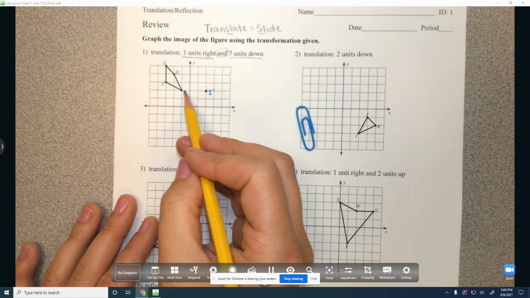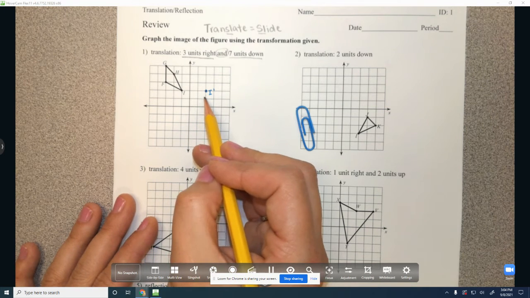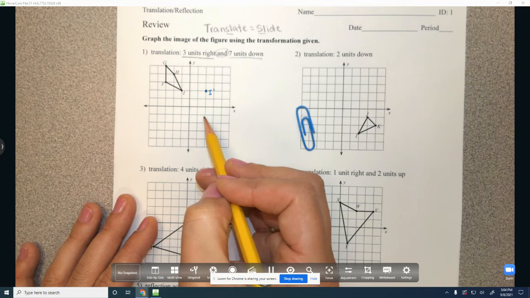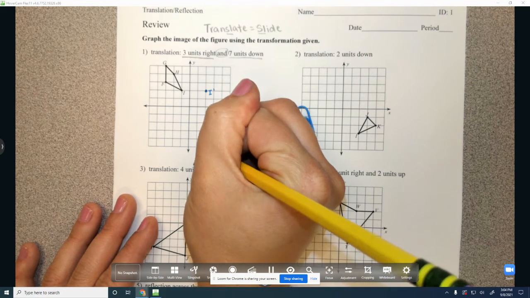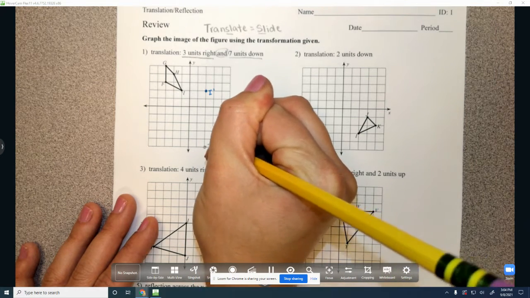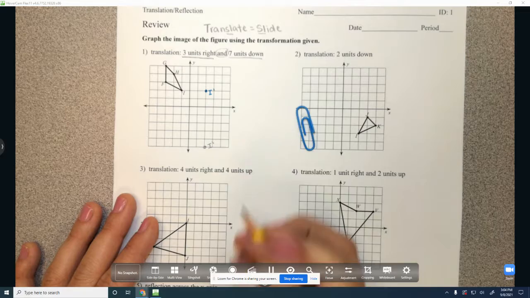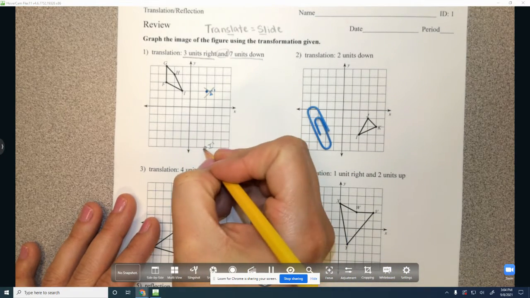So if I go to the right, 1, 2, 3, and 7 units down, 1, 2, 3, 4, 5, 6, 7. My new I prime is going to go right there. Okay? So my new point is going to go right there.